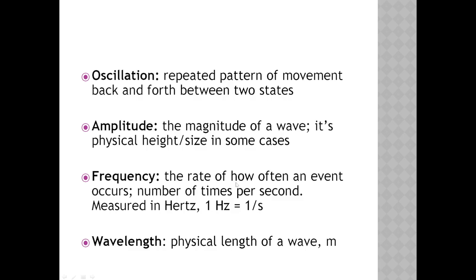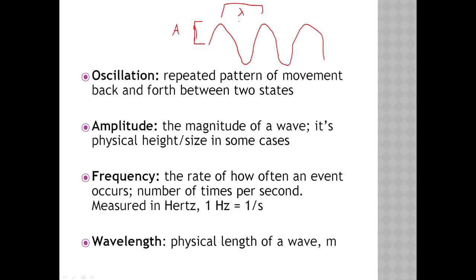A wave's amplitude is the physical size of the wave. Wavelength is the physical length of the wave. Frequency tells you how many full waveforms pass every single second. You probably talked about frequency in relationship to what pitch of sound you're hearing or what color of light you're seeing.